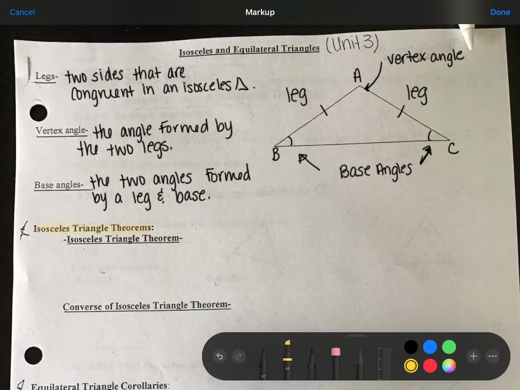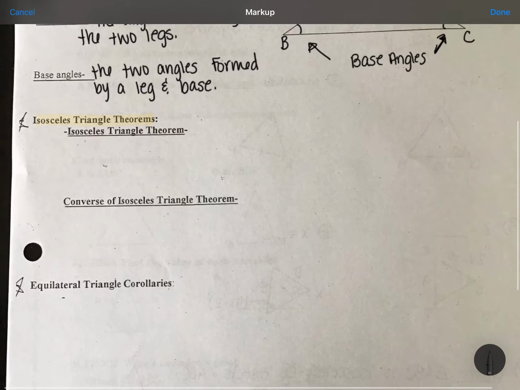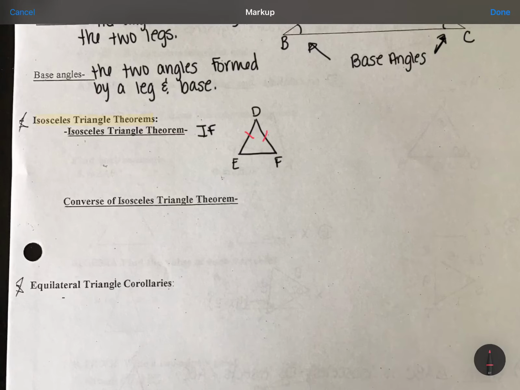And if you need to, you can pause this if I'm starting to move too fast here, if you're still copying some things down. All right, the isosceles triangle theorem says if you have a triangle, and we'll call this triangle DEF, and I know that my legs are congruent.